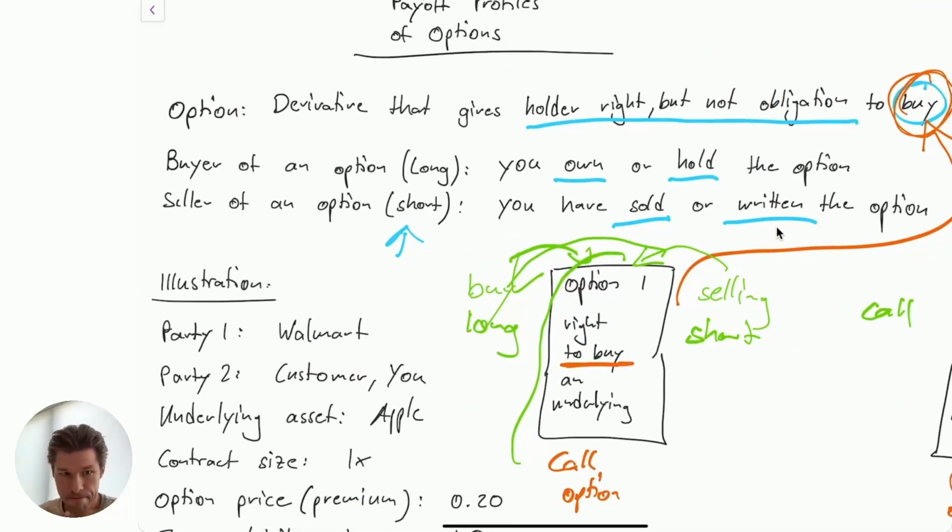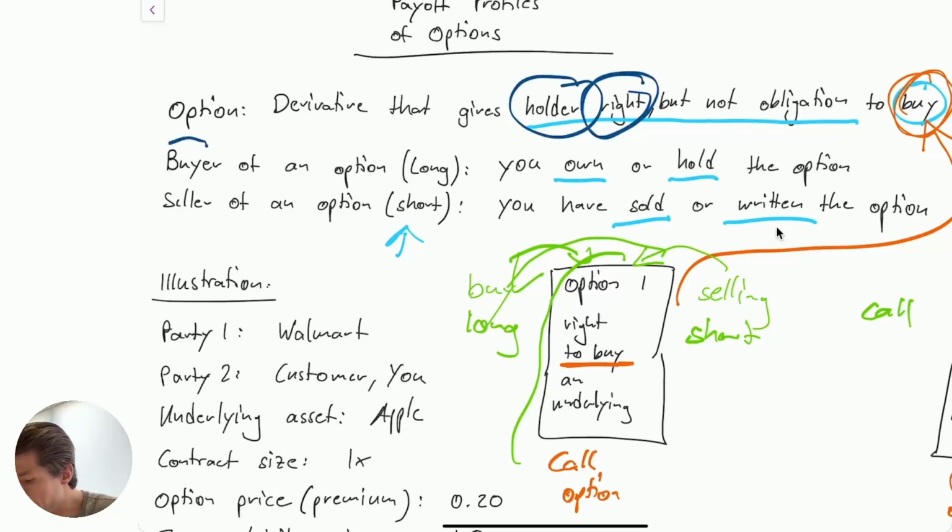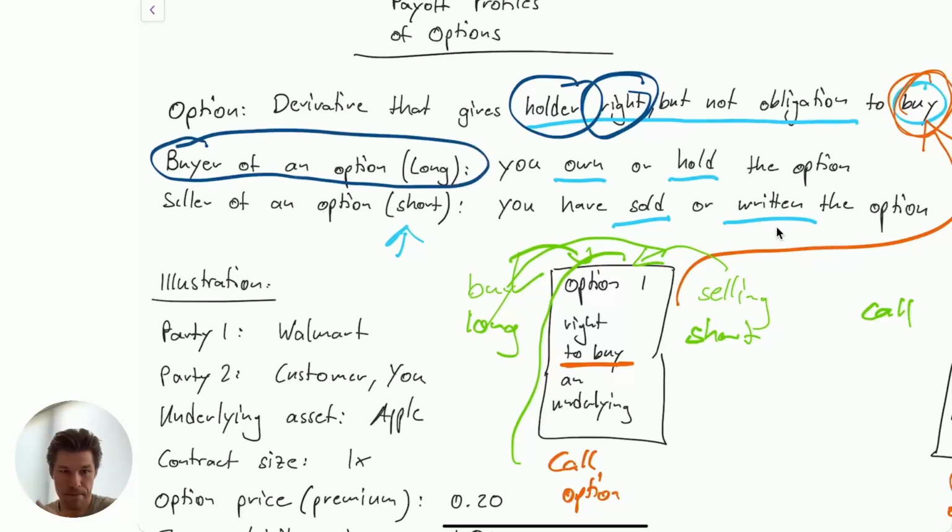The option gives you the right, not the obligation. Otherwise, we would talk about forward or futures contracts. The option gives you the right to do something, but only if you are the holder. So this right only applies for the long position, because you have paid for the option.